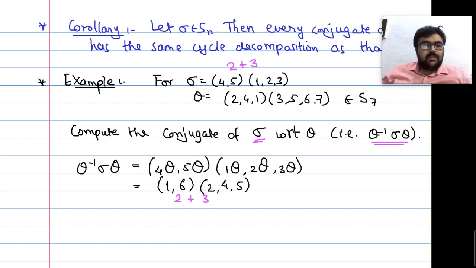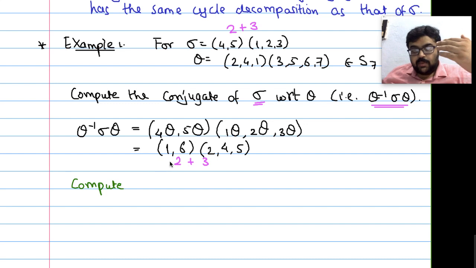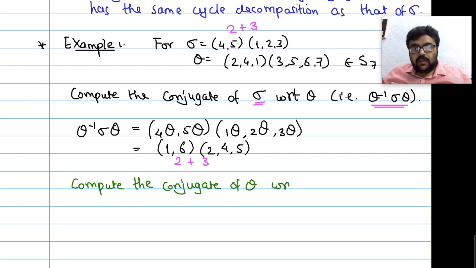Okay, and similarly I ask you to compute this, just for your practice. Now suppose theta is given. Compute the conjugate of theta with respect to sigma. What is the conjugate of theta with respect to sigma?